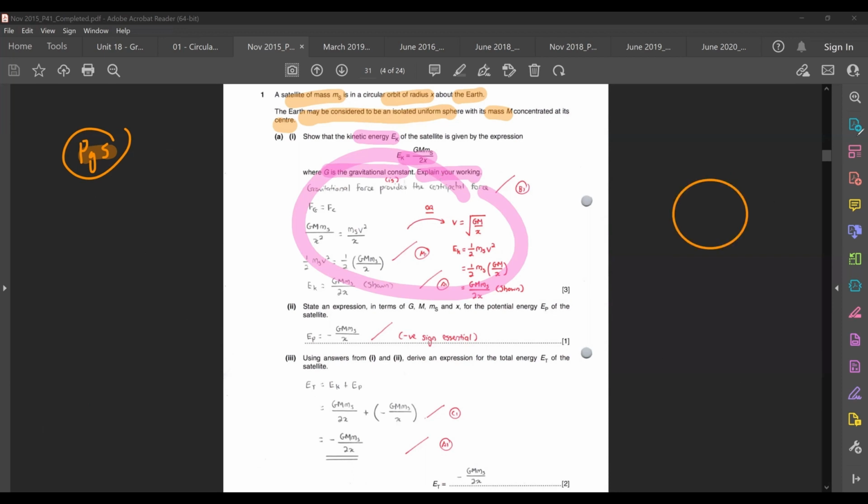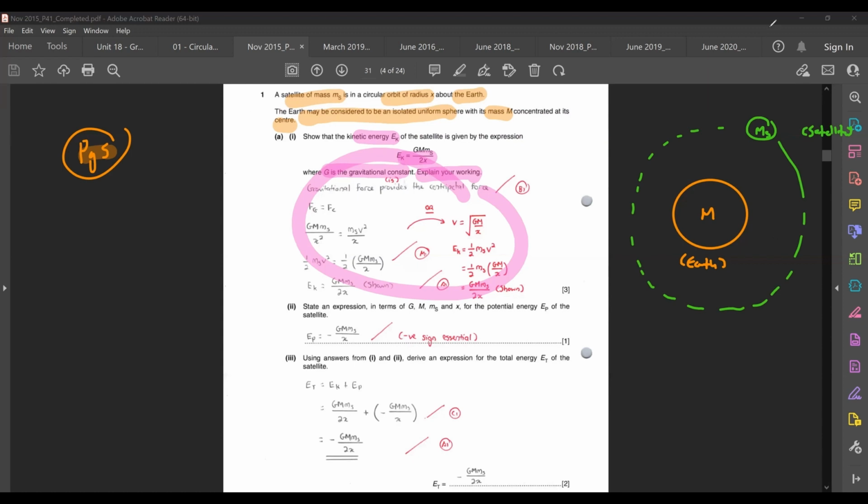But before that, let me just draw some diagram here. This one here is your Earth. And then this one here is your satellite with mass ms. So your satellite is moving in a circular orbit like this.